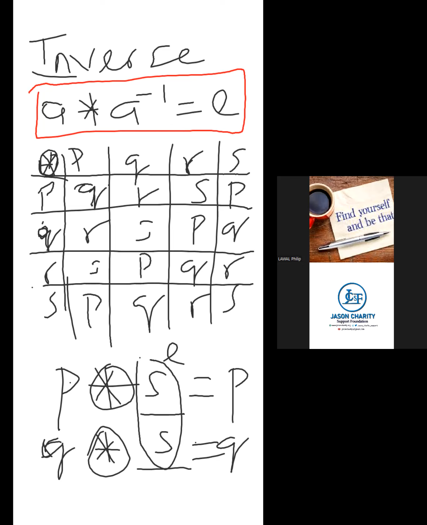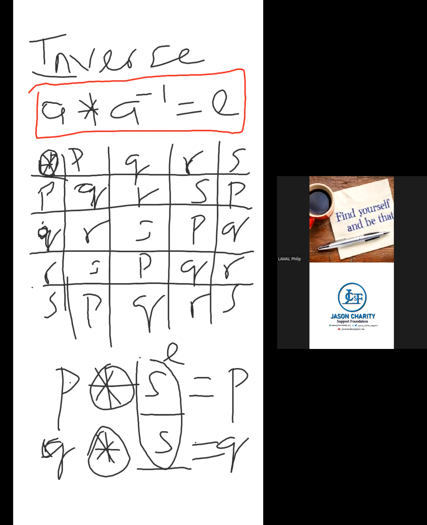Now that we have identified our identity element as S, what do you think will be the inverse of P? Inverse of P would be the element that I operate P on, and I'll be able to get S. From the table, I can see that if I operate P on P, I will not get S, I will get Q. So P is not the inverse of P.